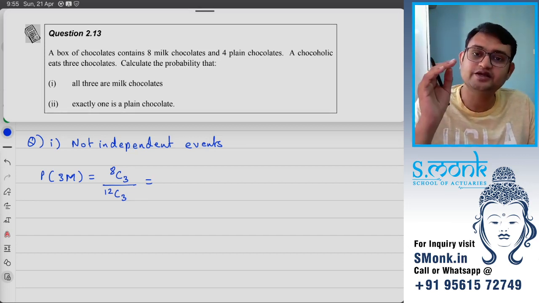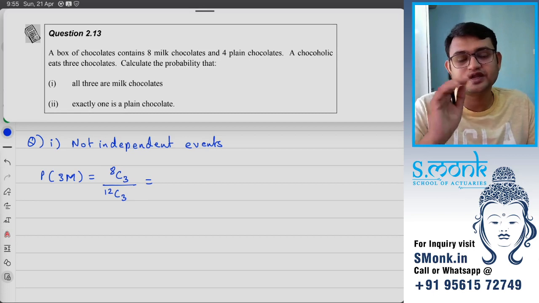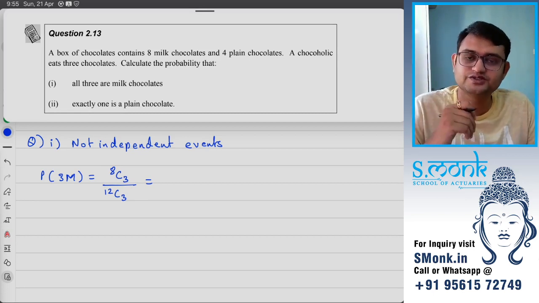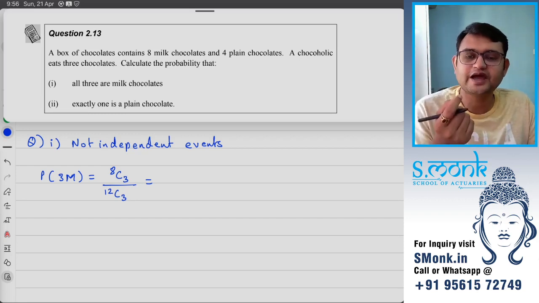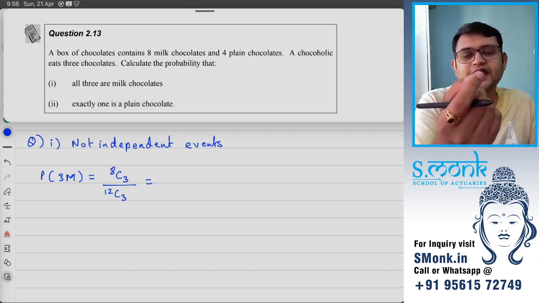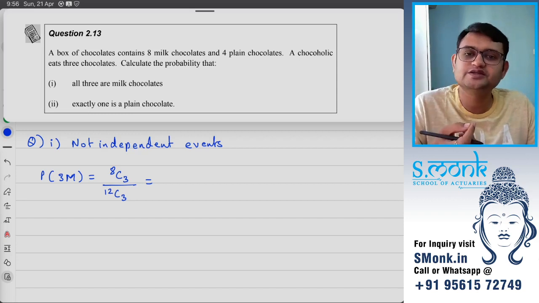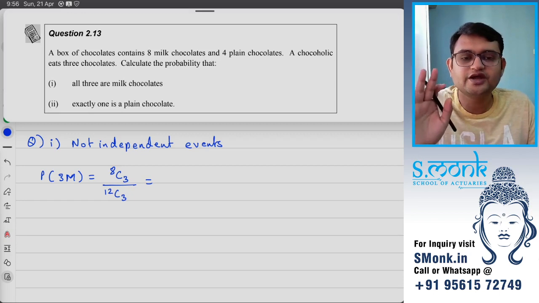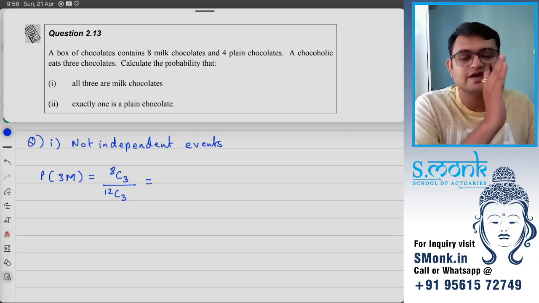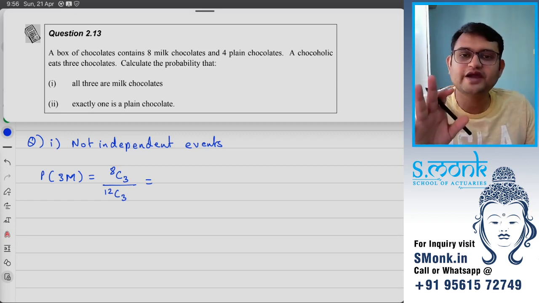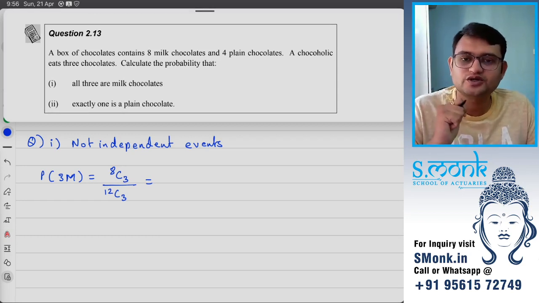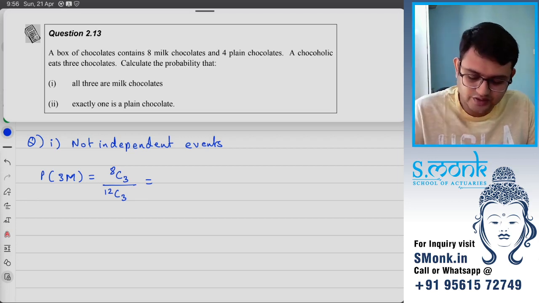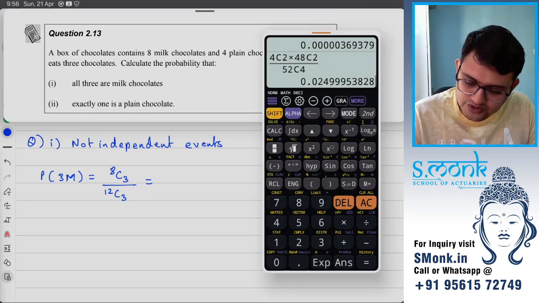If I say selecting a team of 11 cricketers out of 20 players, when I select the first player, I cannot put him back into the line and say I'm selecting that person again. It's not possible. So there we clearly do not have any replacement. For non-living items, you will have to figure out whether replacement is possible or not. Usually they give it in the question. Here clearly replacement was not possible.